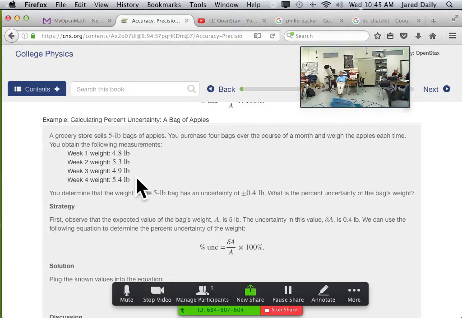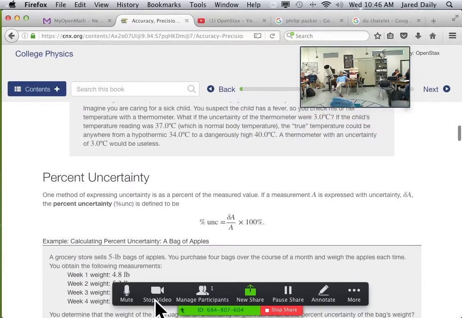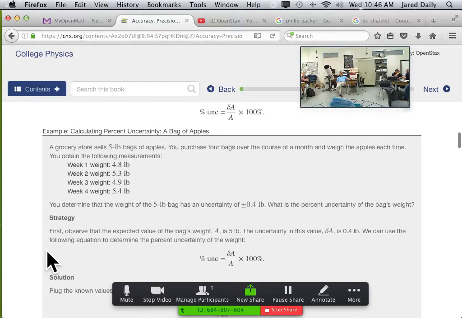You divide by 4 to get your average number, and then you would usually calculate what we call a standard deviation, which is not something we mess with right now, we'll see a little bit later. But the standard deviation is going to tell you the average change from the average. That makes sense? And then you would put plus or minus that average change from that average number. And that's another way of showing your uncertainty. It's actually a way of showing your precision. This is a way of showing your accuracy, and the other one shows you precision.